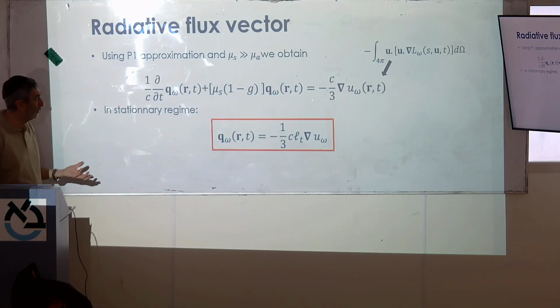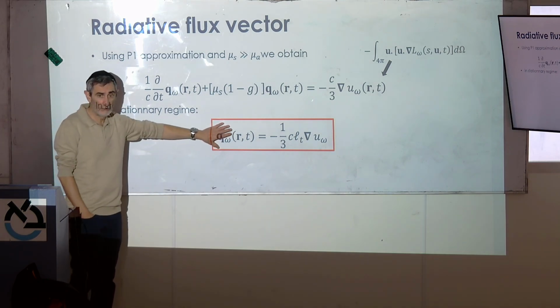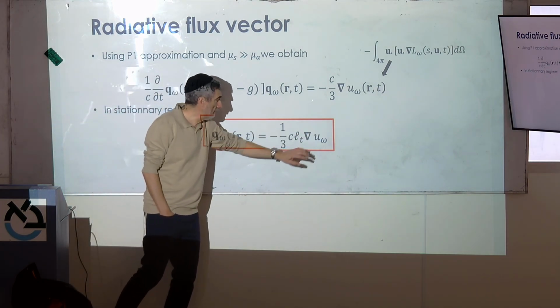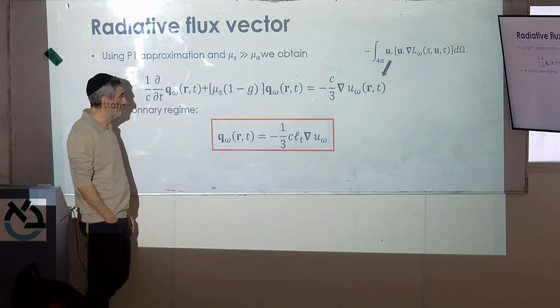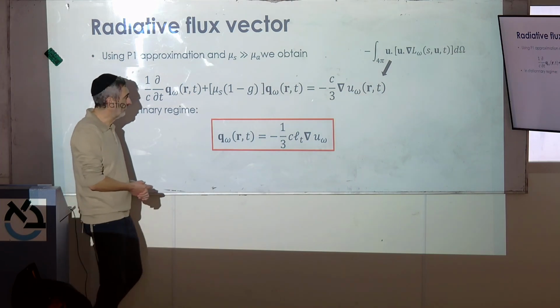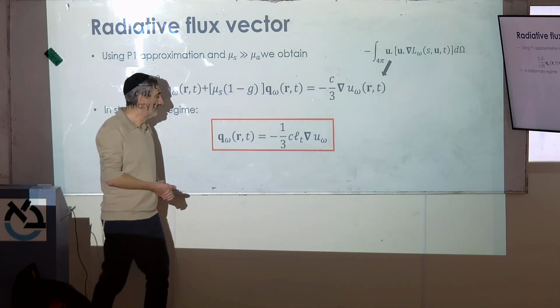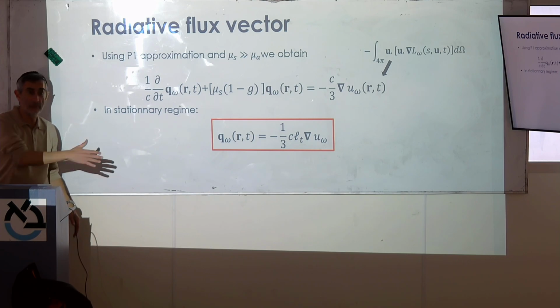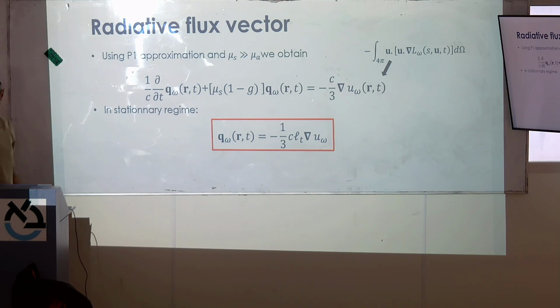So we have a relation between the radiative flux and the radiative energy density. That tells you that the flux of energy corresponds to a decrease in the gradient of the energy. If you have a gradient, that gives you a flux. Automatically, you have a displacement of the energy.